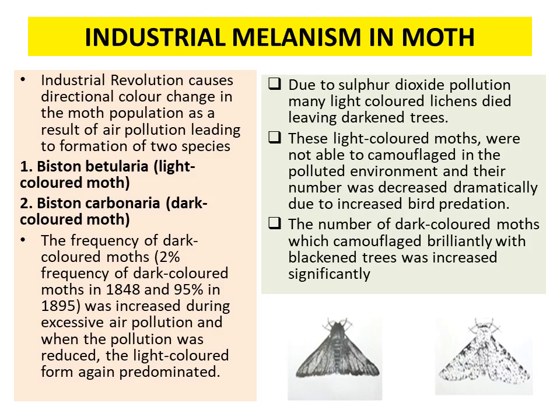Initially in 1848, only 2% of this moth population is dark, but in 1895, 95% of the population is dark because of air pollution. Then when the air pollution was reduced, again Biston betularia, that is the light colored moth, appeared, right? So this type of melanism or change in the two species is shown in the case of the moth.